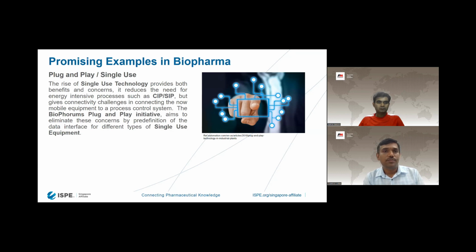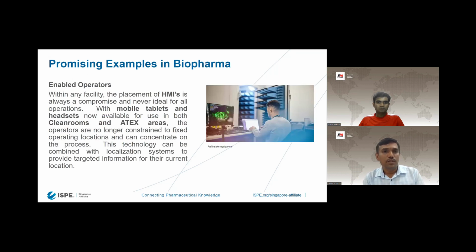The next one is enabling the operators. Within a facility, where we need to put an HMI, it is always a compromise and never ideal for all operations people. So to enable operators, nowadays we talk about mobile technology. In the plant, the clean room area, or the annex area, we have access points available, Wi-Fi or 4G and 5G networks.